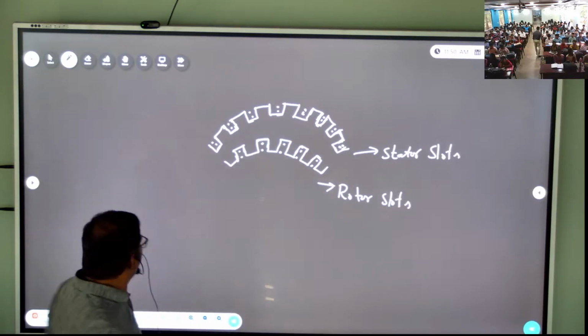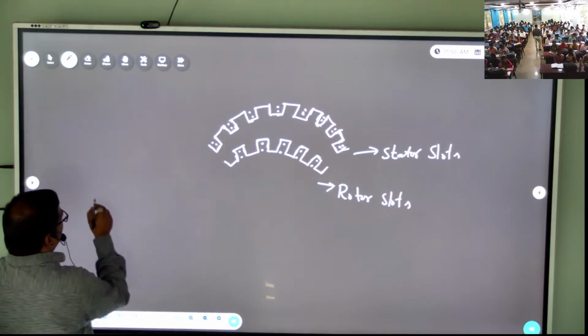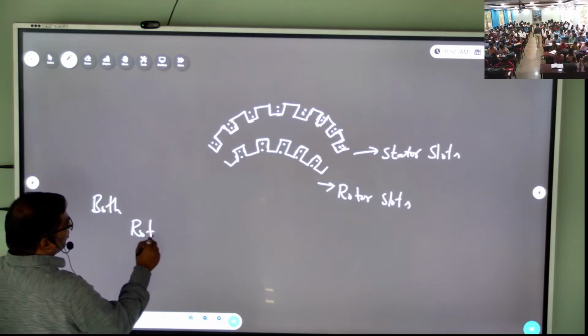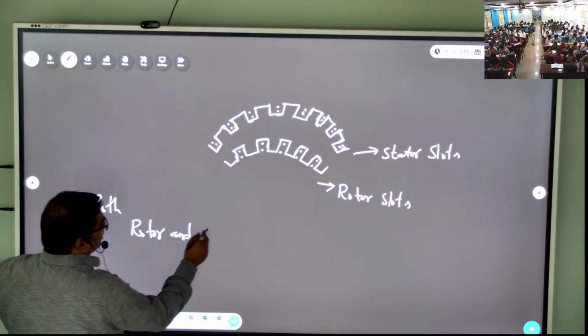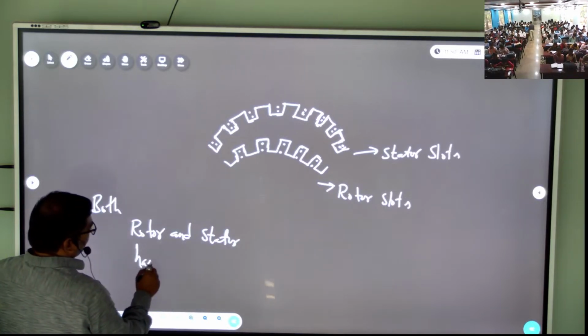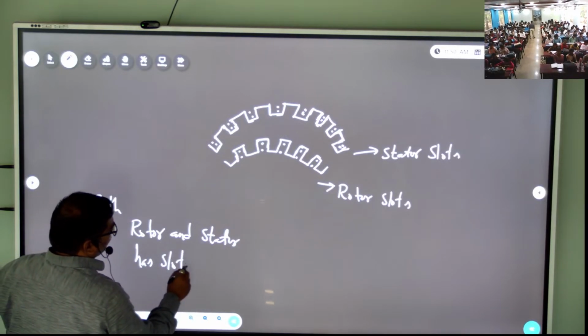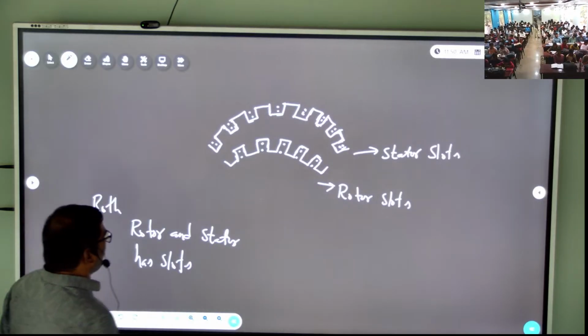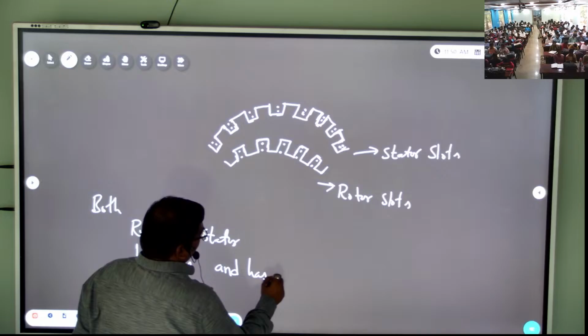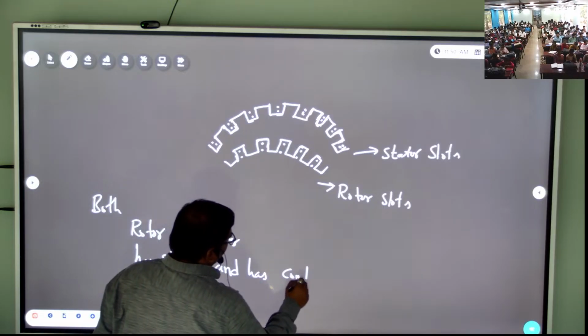In both the rotor and stator, there are slots and there are conductors.